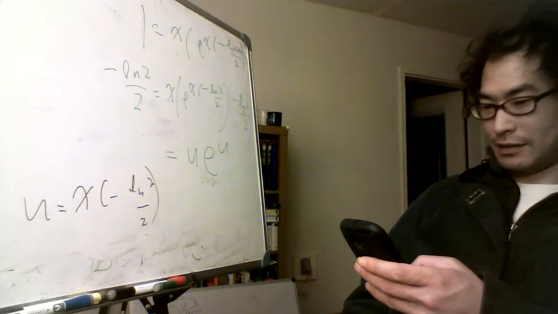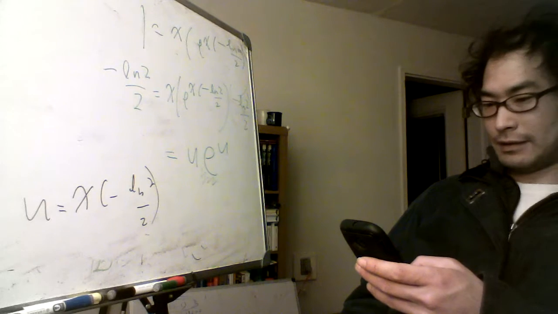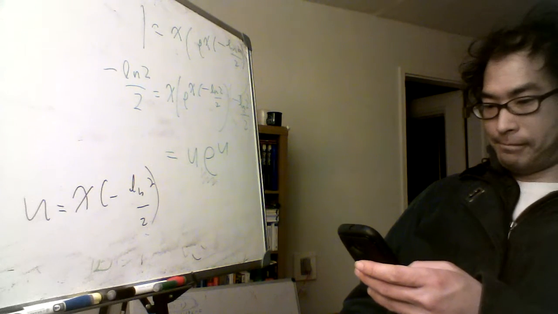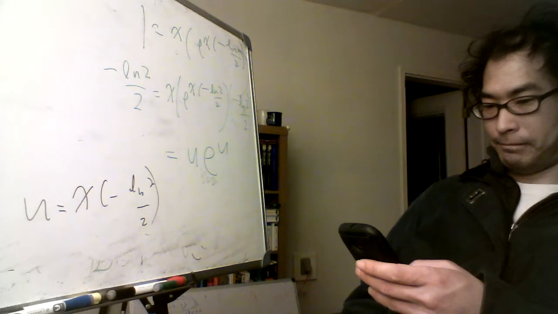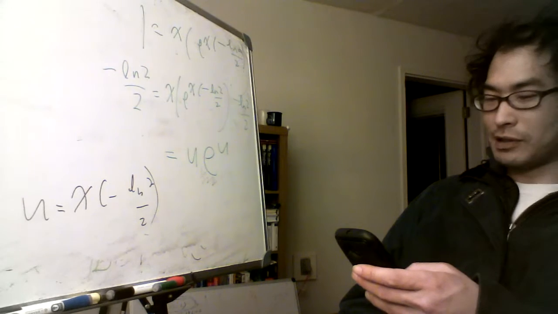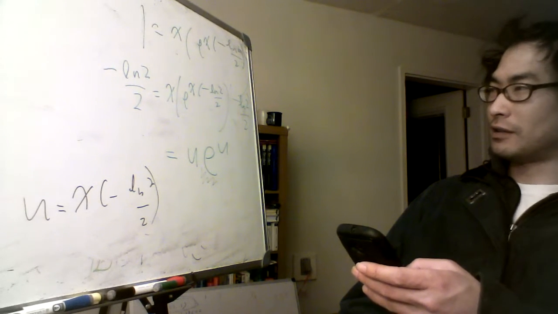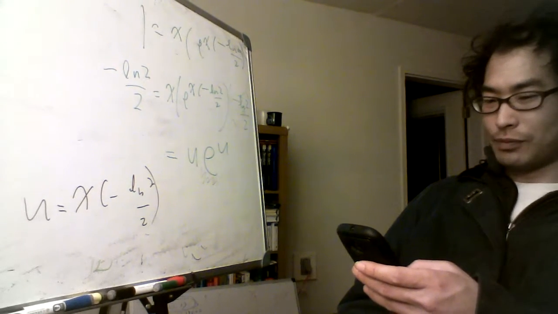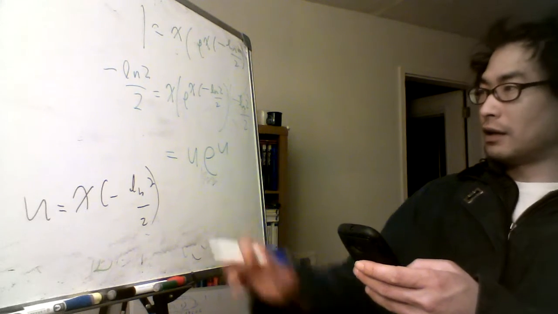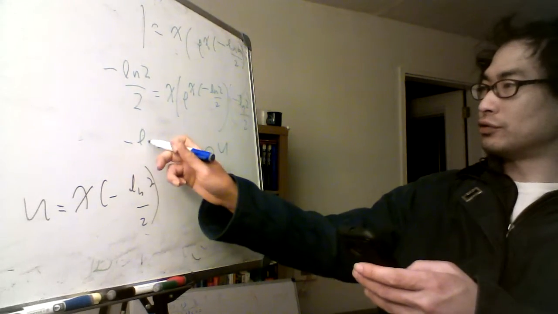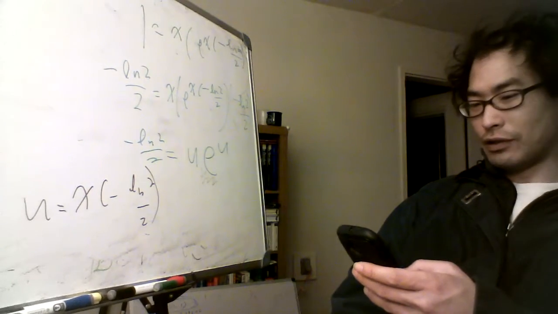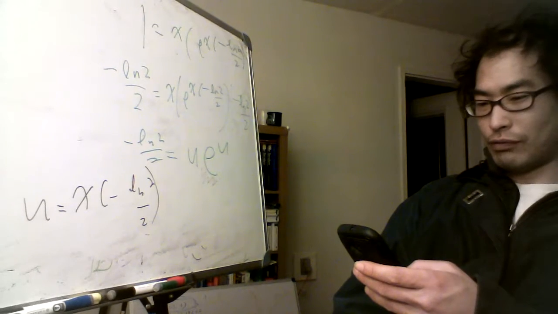So the mathematics professor didn't make any mistake. It's just me catching up to him. So this is equal to minus ln 2 over 2. Yeah, leave it to professionals. I'm just an amateur.